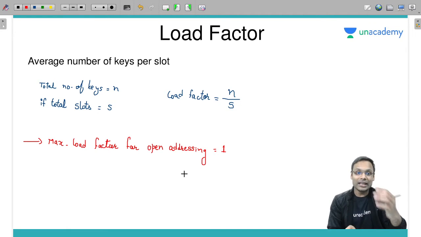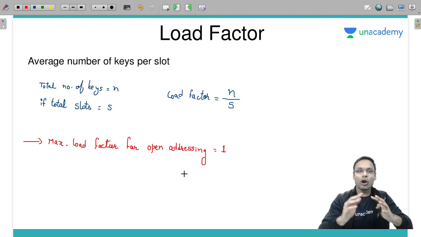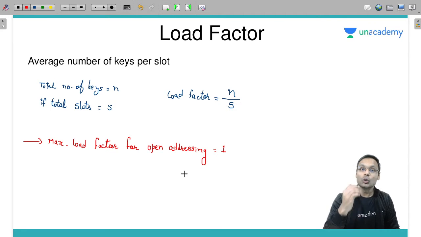If not, then if such kind of things are given in the classroom training, definitely you will earn more marks than other people. So why we encourage you to join Unacademy Plus? Because of these kind of small subsidiary things which we provide a lot in the Unacademy Plus classes. Maximum load factor for open addressing is equal to 1.